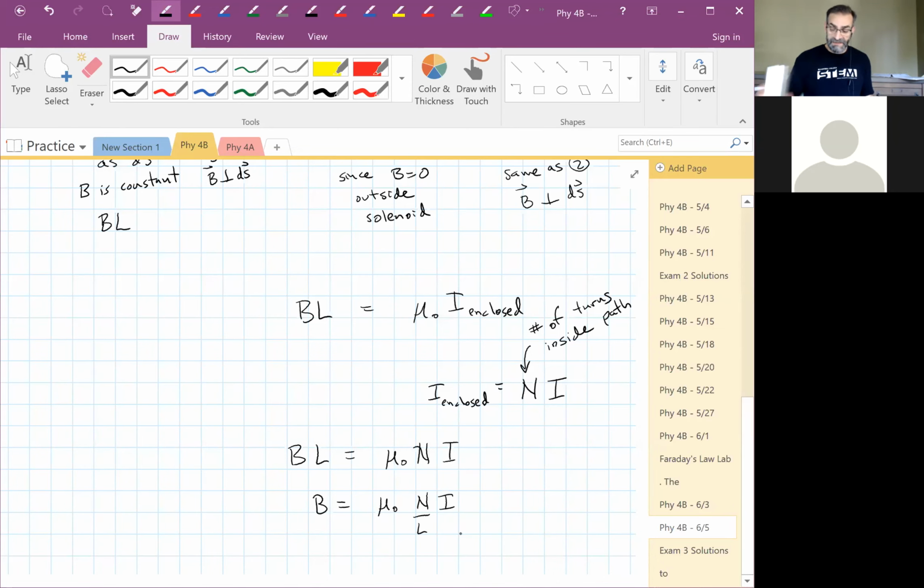Magnetic field inside that slinky. You said it was proportional to N, proportional to I, inversely proportional to L. And if you solve for that constant, you got something like 4 pi times 10 to the minus 7, hopefully.